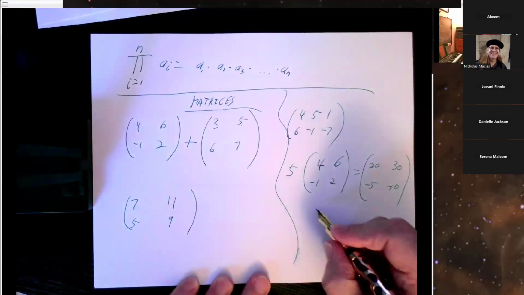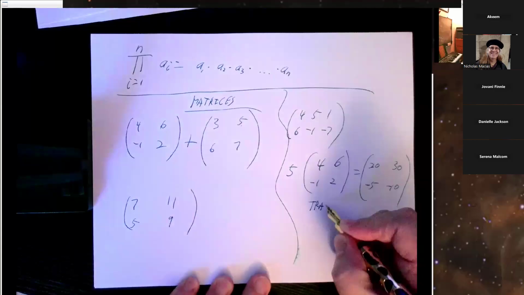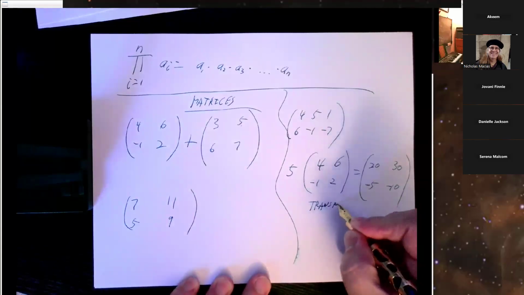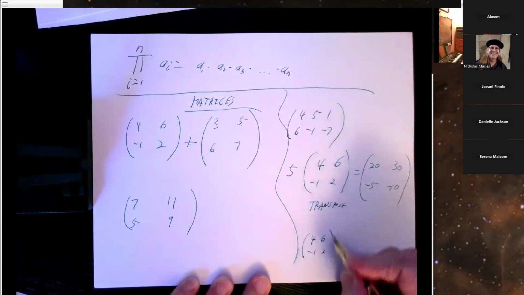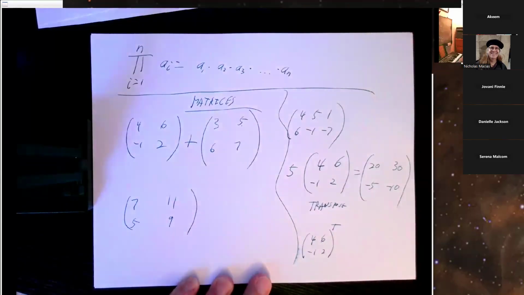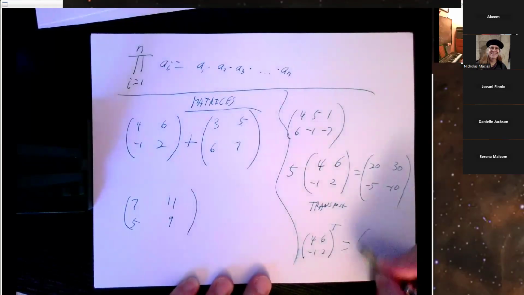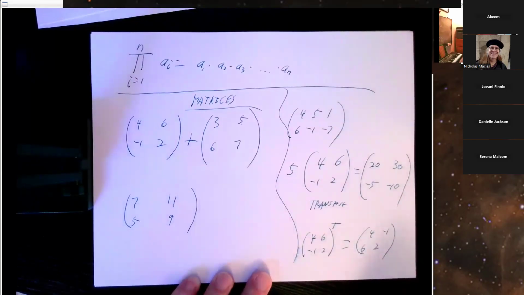I can also have the transpose, which I just write as a little t up at the top of a matrix. That means transpose it, swap the rows and columns. So first row, second column becomes second row, first column.